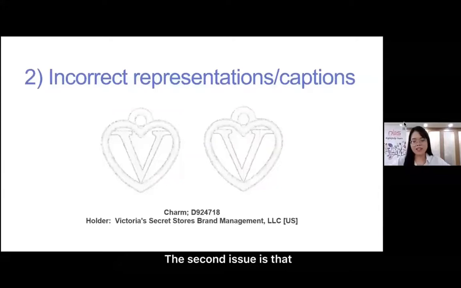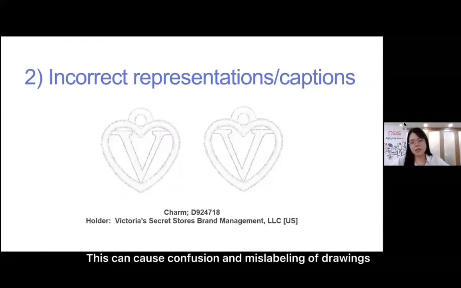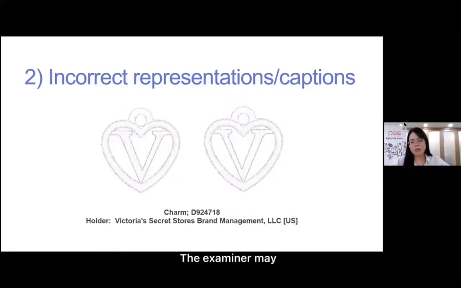Okay, so the second issue is that clients don't disclose all views necessary for their ID filings, all right? So this can cause confusion and mislabeling of drawings or photographs. The examiner may also raise an objection on the grounds that the design is not comprehensive enough for reproduction. So, for example, they have a design of a charm, and they just give us two drawings.